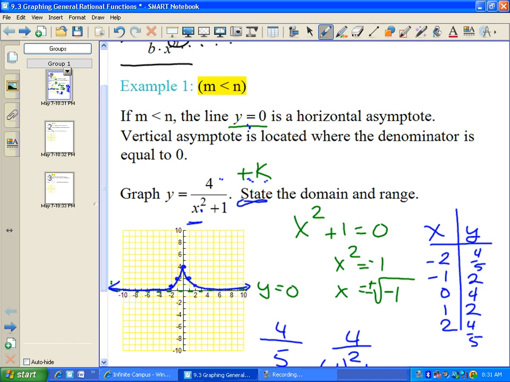There's no shift here. There's nothing added on out here, so there's no shift. So then it has to be at y equals 0. That's part of this form. I'm telling you to memorize that. That's why it's on the sheet in front of you that I gave to you.